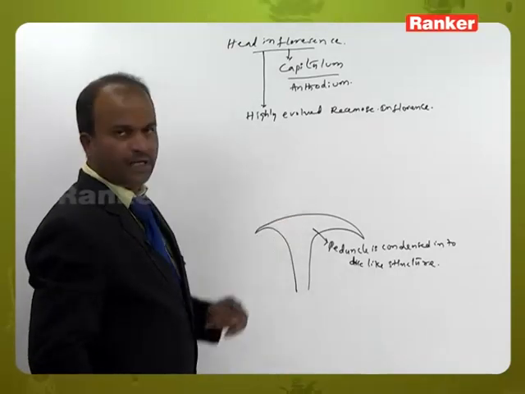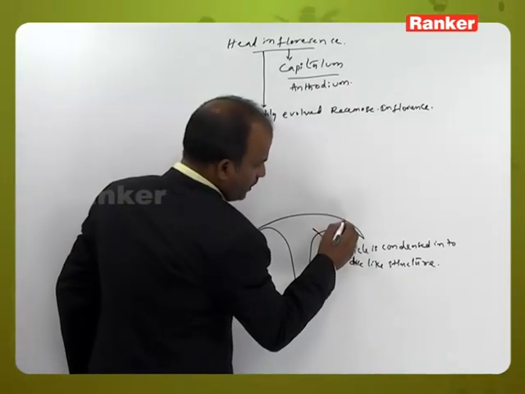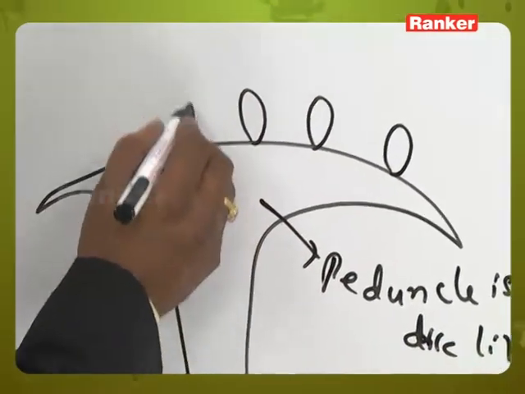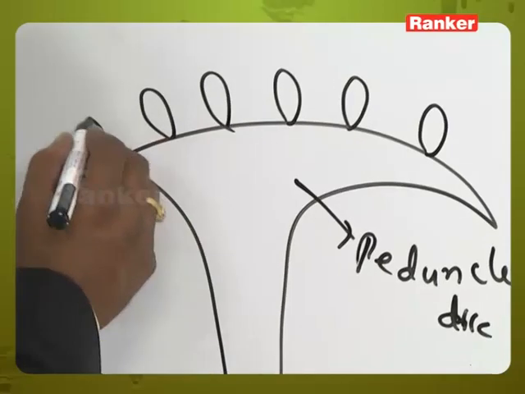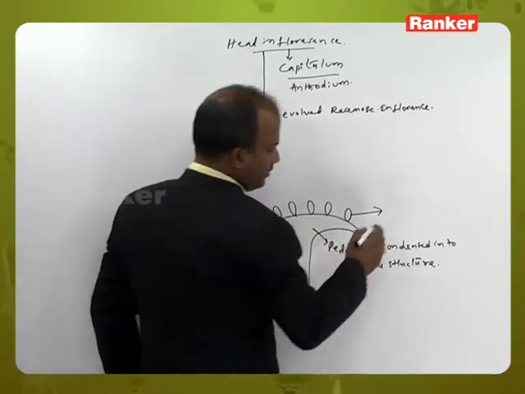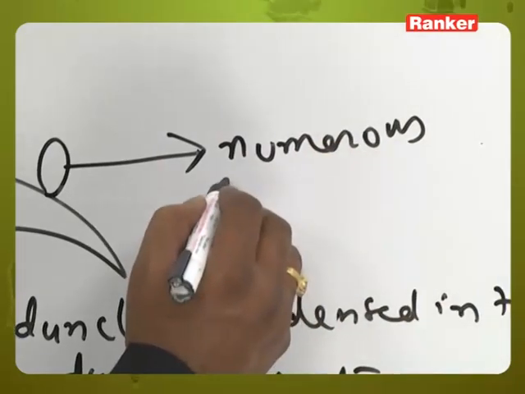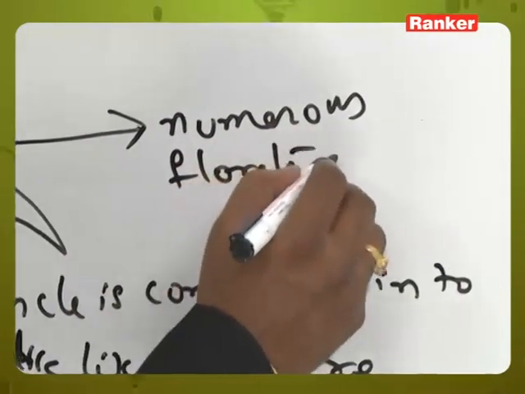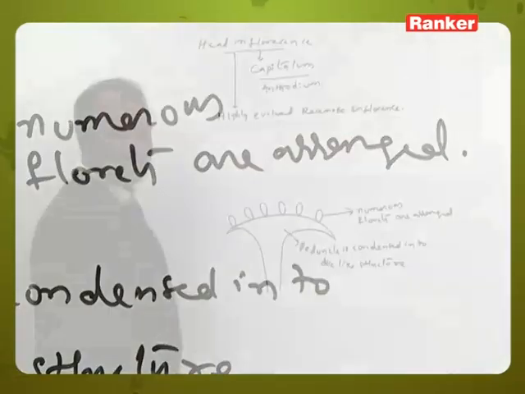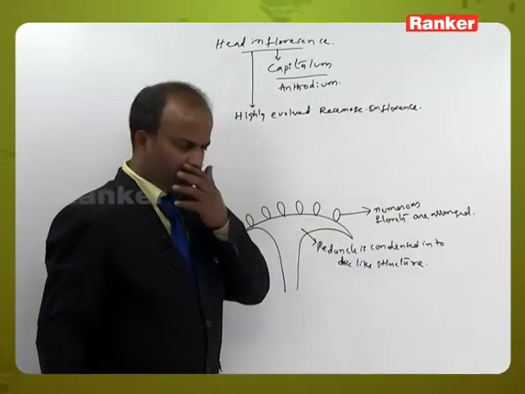On this condensed, disc-like peduncle, numerous reduced flowers, which are nothing but florets, are arranged.